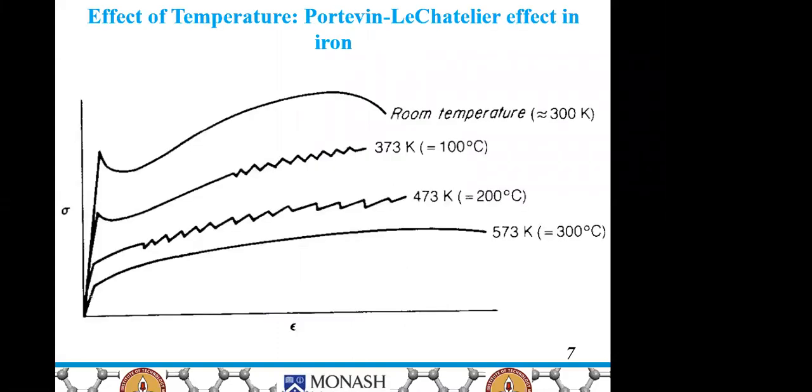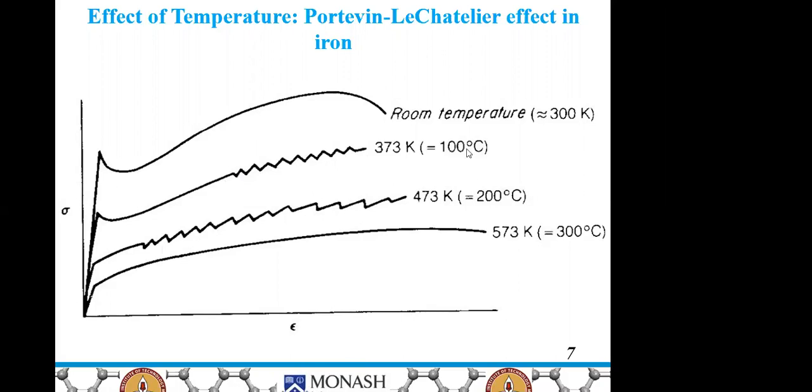Now the effect of temperature, also called the Portevin-Le Chatelier effect. It's a French name. So we are going to discuss the Portevin-Le Chatelier effect in iron. This is stress versus strain. At room temperature, we have this normal behavior. But if we heat the sample to 100 degrees centigrade, then there is a formation of these serrations, and this is because of the locking and unlocking of the Cottrell atmosphere.